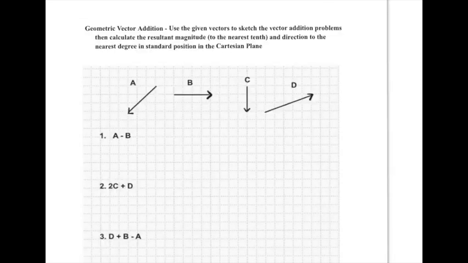First, let's look at the instructions. Use the given vectors to sketch the addition problems, then calculate the magnitude to the nearest tenth and direction to the nearest degree, if it were in standard position on the Cartesian plane. Meaning, I want your answers in standard Cartesian, starting at X and going counterclockwise. So I'm going to do number 3 for y'all. I typically go ahead and write my movement for each of my vectors.